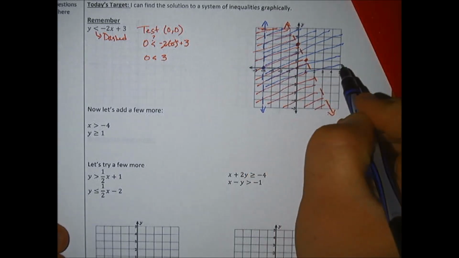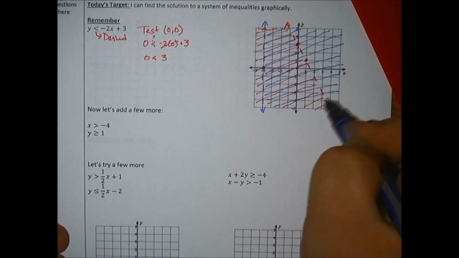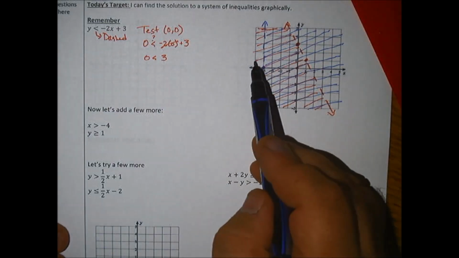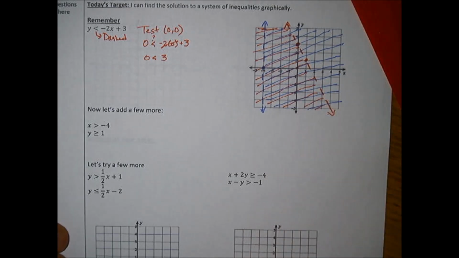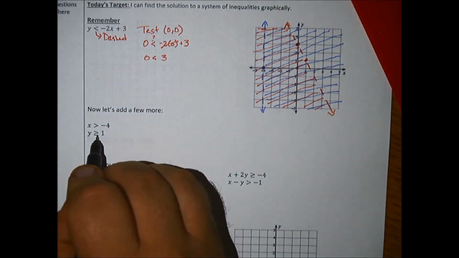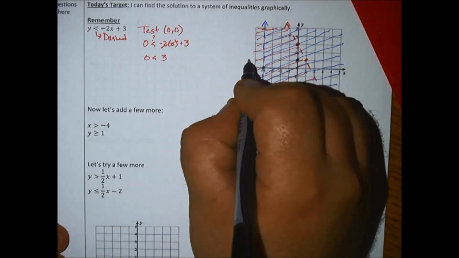This is going to get a little bit messy, but you're just going to have to bear with me for now. So I have one graph that's going this way, another graph that's going that way. Let's add one more, just to make this real fun. Now I need any y's that are greater than or equal to 1. That's a horizontal line right through here.